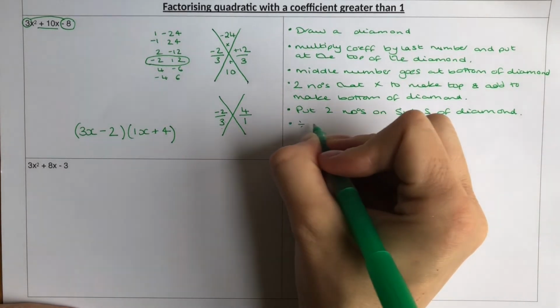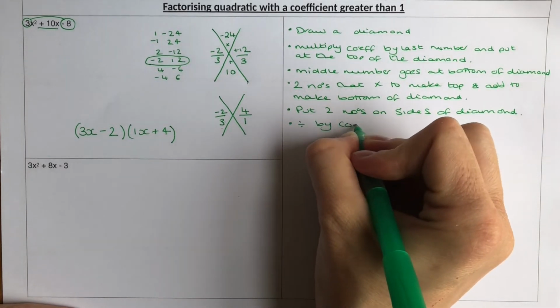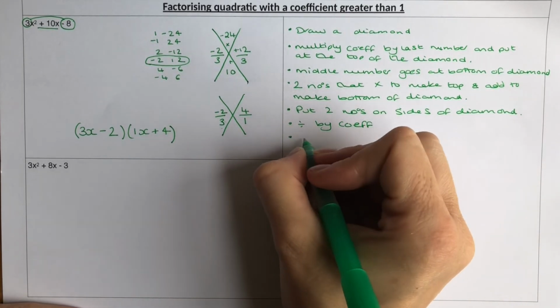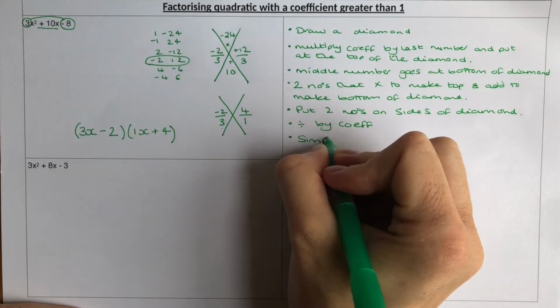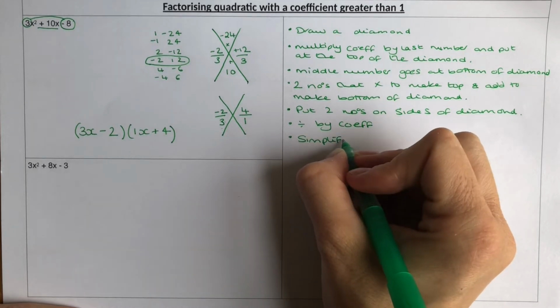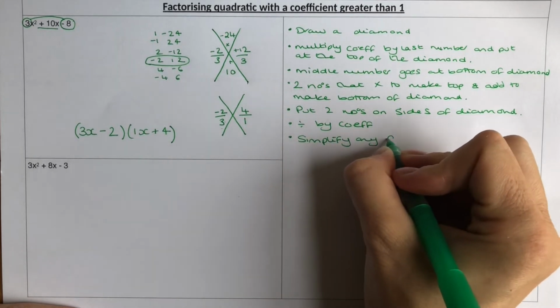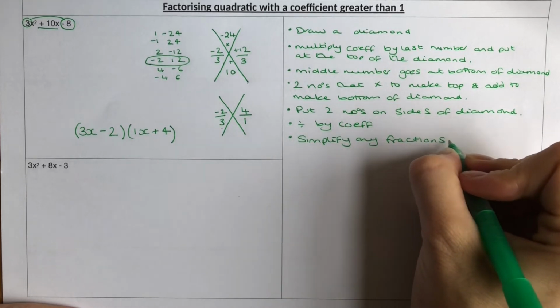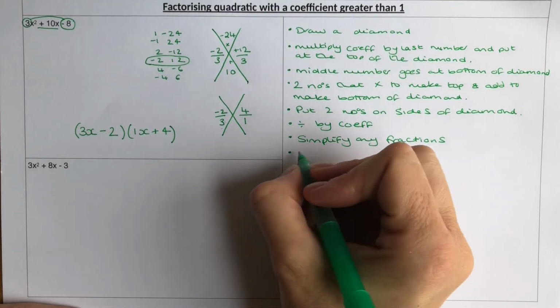Then we divide by the coefficient. Simplify any fractions, but leave them as fractions. Okay, then this is how we get our answer.